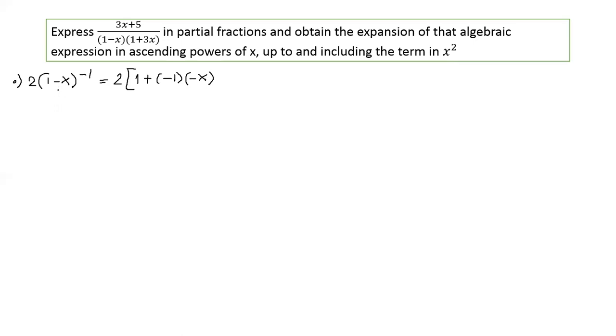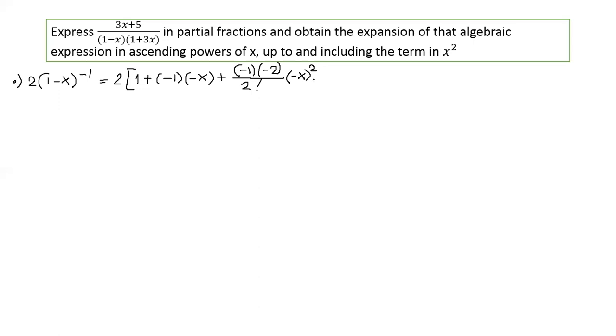Why negative x? Because this is minus x. And then afterwards, n minus 1, it means negative 1 minus 1, negative 2, over 2 factorial, negative x squared. Like this.